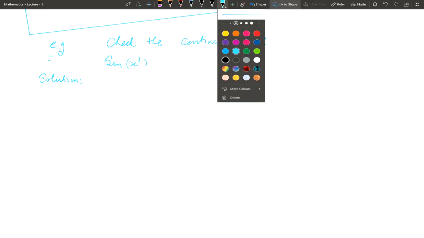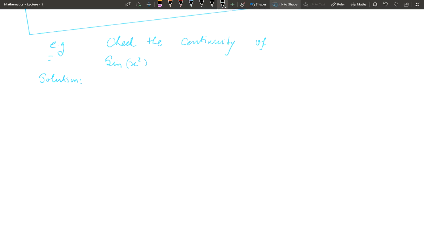As for example, check the continuity of sine x square. Solution. So here first we have to check sine of x square.